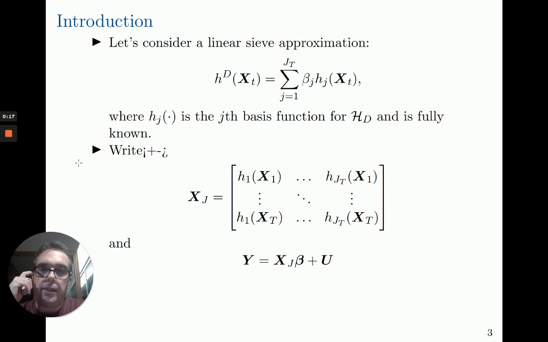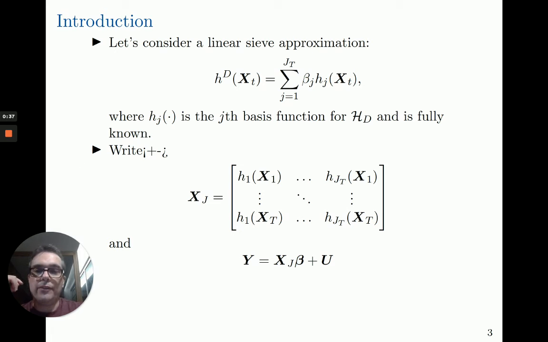So we saw in the previous block that we can consider an approximation to a general nonlinear function as a sum of basis functions. Basically we can write this function in vector form, and it will be linear.